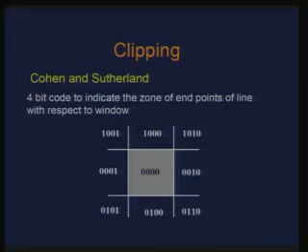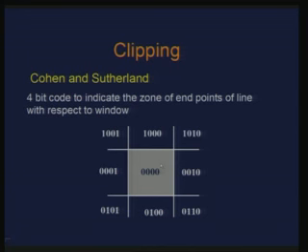And in this respect, we had a clipping algorithm suggested by Cohen and Sutherland, right, where the idea was that you are given a window, which is shown here as a gray region, and you want to decide things which are inside that window. So, what you do is you give a bit code to this window and the neighboring regions.